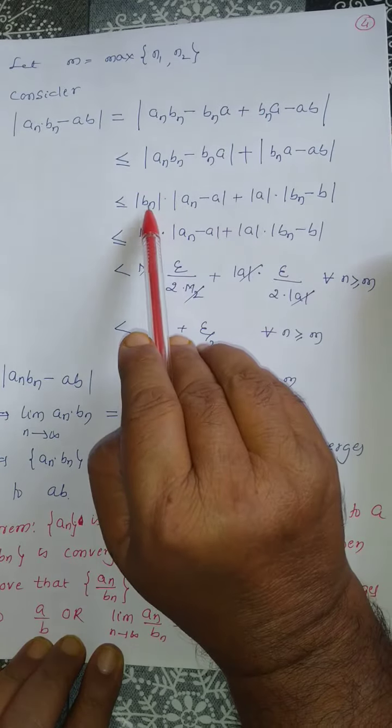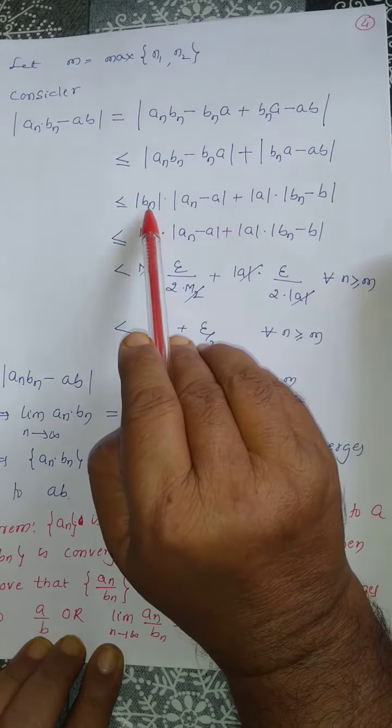So in that case you have to select epsilon divided by 2 times mod of b to cancel this mod b. Instead of this, if you select a_n into b, you will get that. So you try it using that. Okay, so this a_n into b_n is convergent and converges to ab.